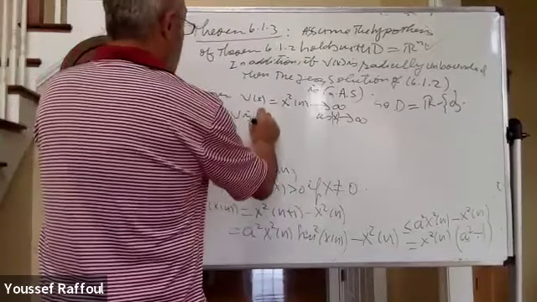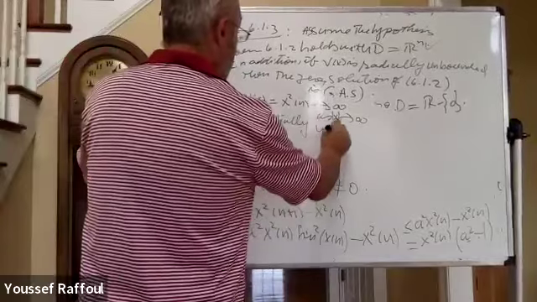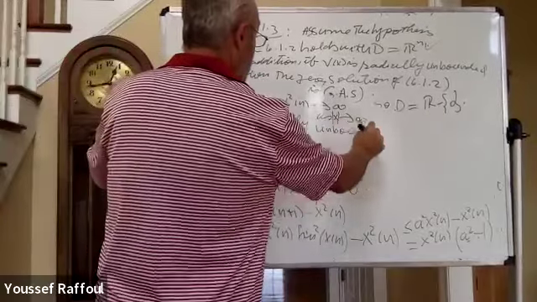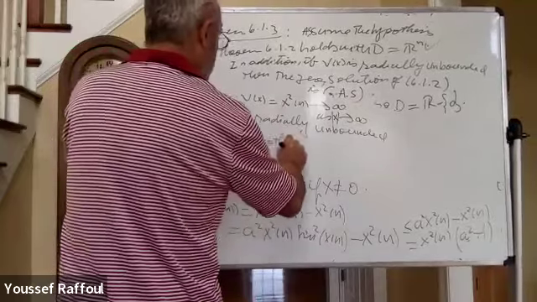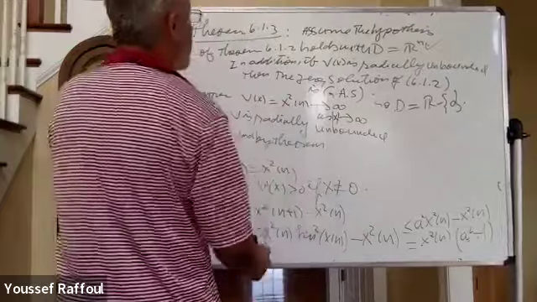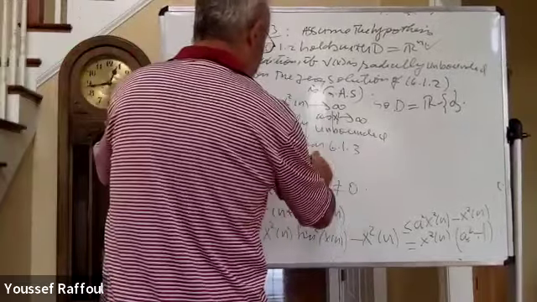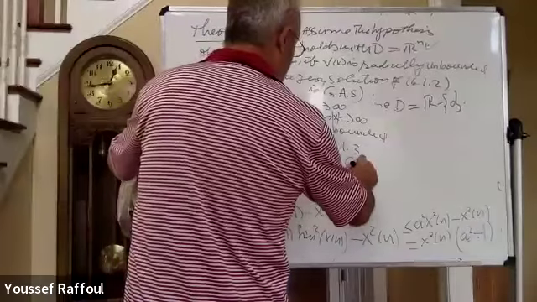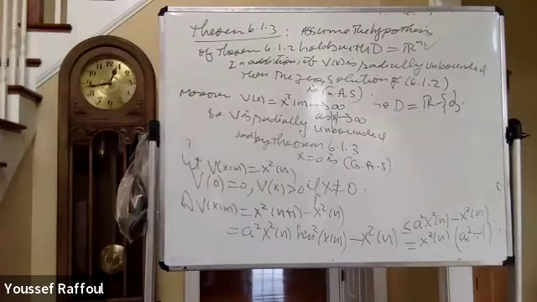So v is radially unbounded. And by theorem 6.13, x equals 0 is globally asymptotically stable. Okay, there's no restriction on that.